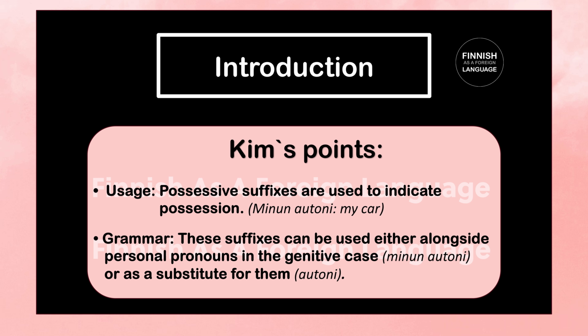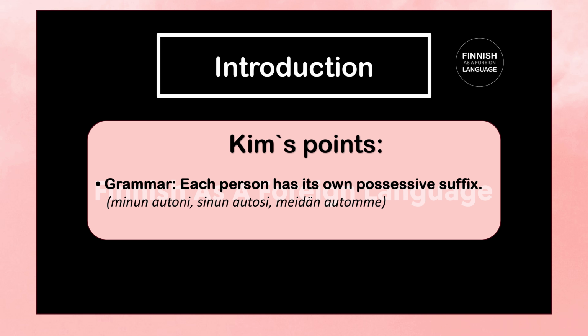Now, there are different ways how we can use possessive suffixes. We can either use them alongside personal pronouns in the genitive case, for example, minun autoni, or as a substitute for them. For example, we can also just say autoni. Also important to know is that each person has its own possessive suffix. For example, my car is minun autoni, your car is sinun autosi, or for example, our car is meidän automme.